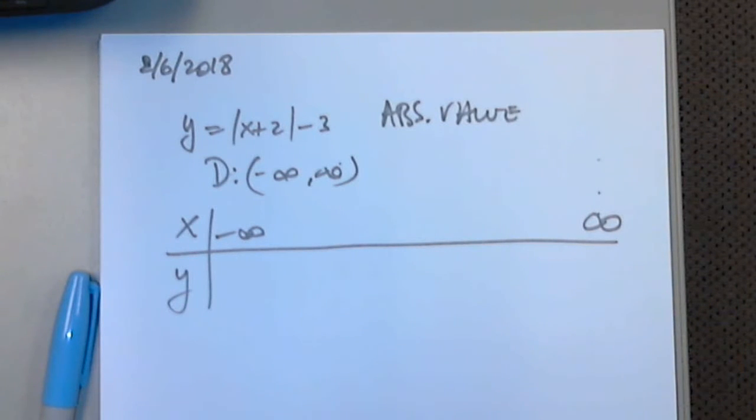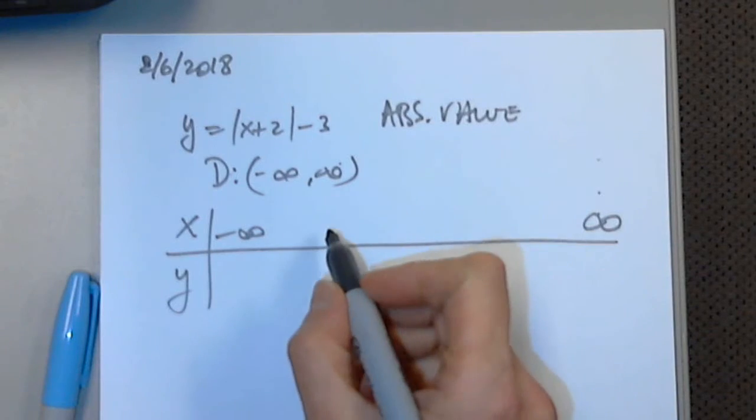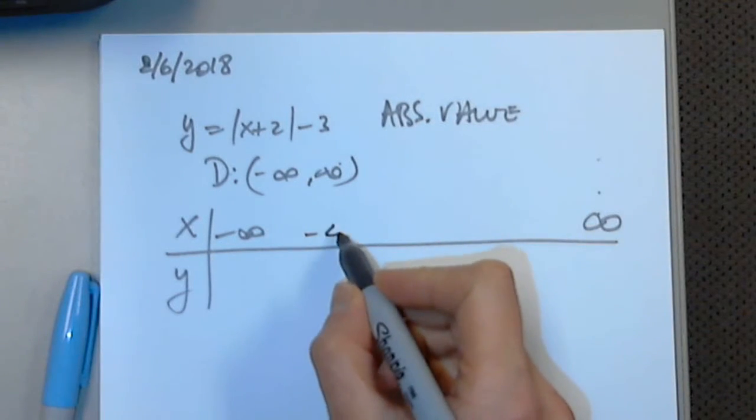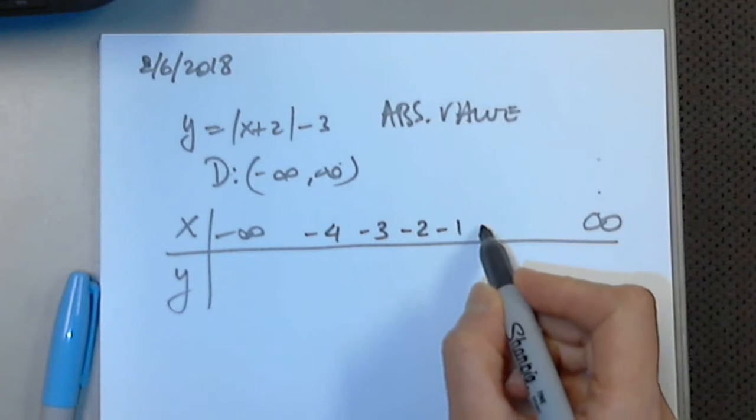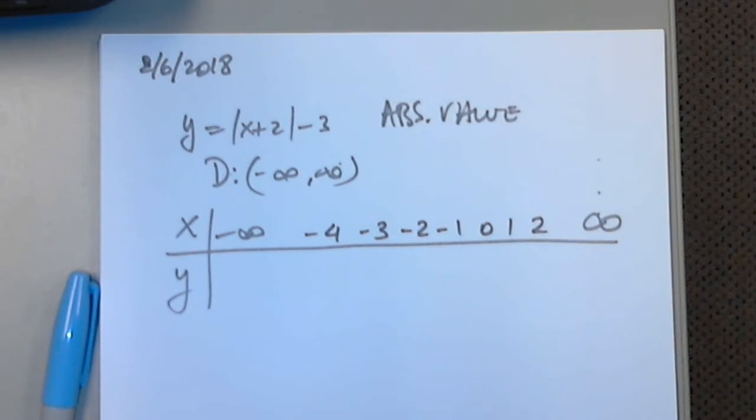So then I have, let's say, -4, -3, -2, -1, 0, 1, 2. It's more than enough. But especially for an absolute value function like this one, I would use consecutive numbers. I will not try to skip.